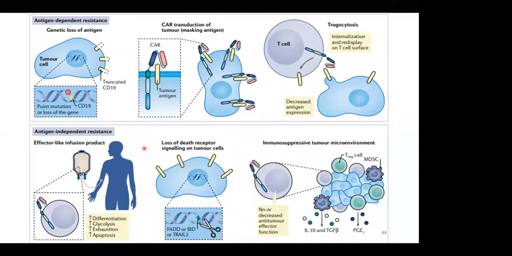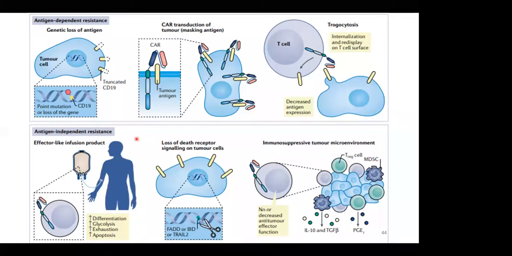Then we have antigen-independent resistance. So wherein if you see, the T cell culturing is mostly restricted for say 12 to 14 days. We wouldn't want to go beyond, even if that is going to help us increase the number or expand the T cells in a better fashion. The reason is because if you would remember the slide on activation, the naive T cell upon activation finally becomes the effector T cell. I really don't want the effector phenotype T cell in the product.